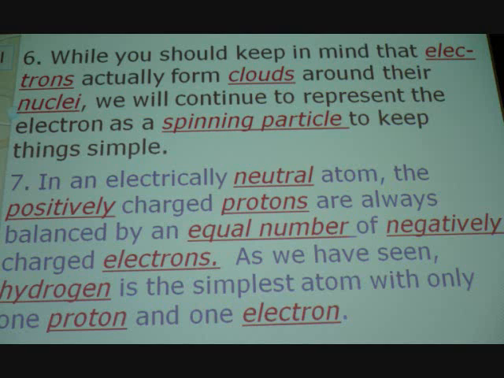And hydrogen, of course, is the smallest. Only got 1 proton. And because of that, it's got 1 electron. So plus 1, negative 1 equals what? Nothing. So an atom is always nothing. All these on here are atoms.